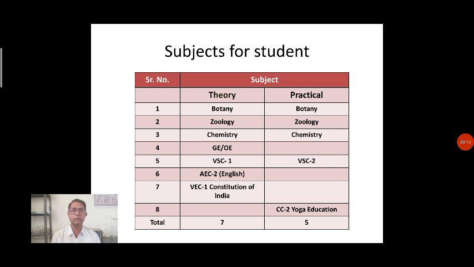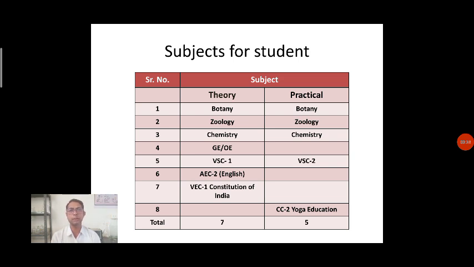After that the AEC subject is there. So academic excellence course is there, or we can say academic excellence subject, and that subject is nothing but the English subject. This subject is compulsory for all the students of the second semester. Followed by this AEC there is VEC1, that is Constitution of India.